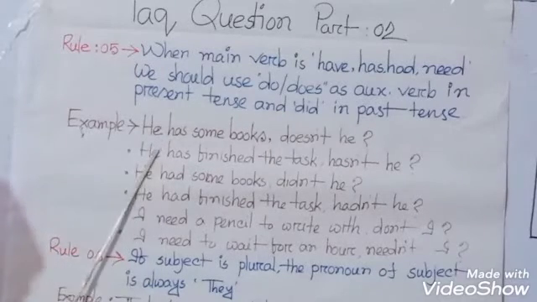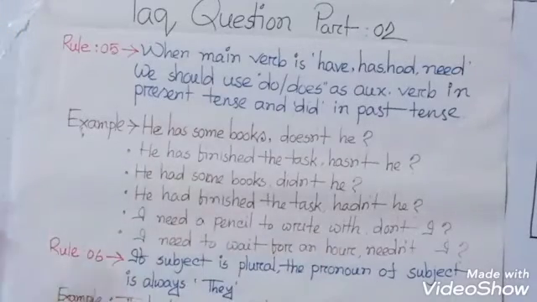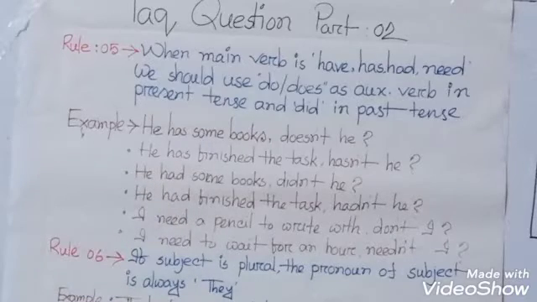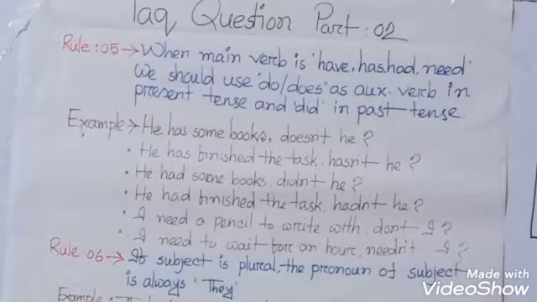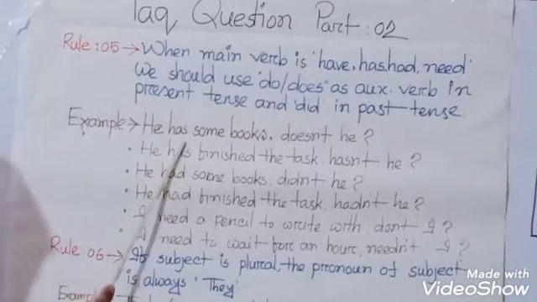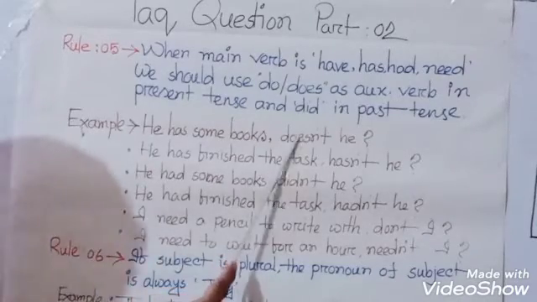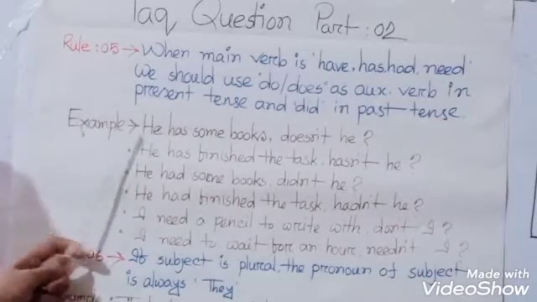So look at the board and notice the examples. He has some books. Here we find has, but here has isn't an auxiliary verb. Here has is the main verb, and it is in present tense. That's why we use does, because the sentence has the subject he.